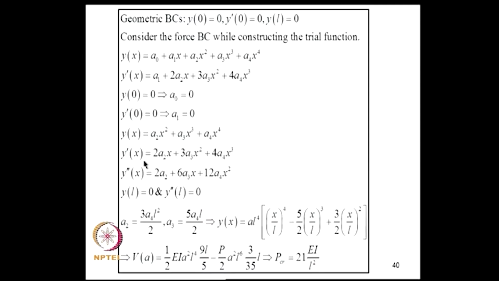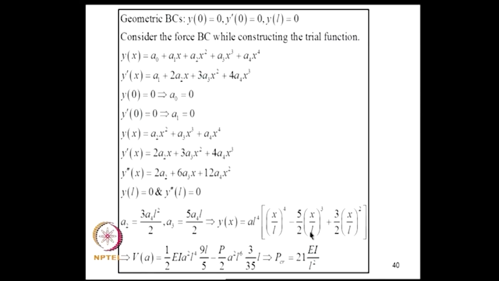If I do that, the polynomial that I get eventually will be of this form: y of x is A times a combination of x by L to the power of 4, etc., as shown here. So, this trial function is a comparison function. It satisfies the geometric boundary conditions as well as the force boundary condition. The force boundary condition is y double prime of L equal to 0, that is EI y double prime of L must be equal to 0, which is the bending moment.